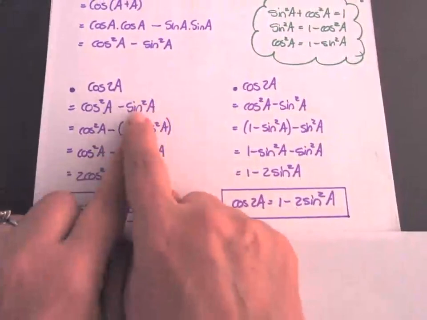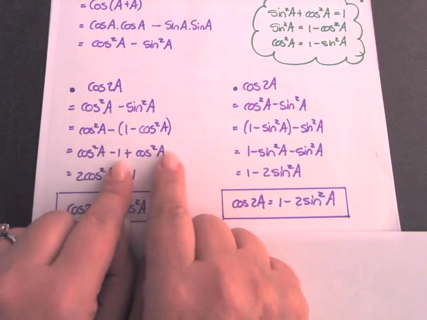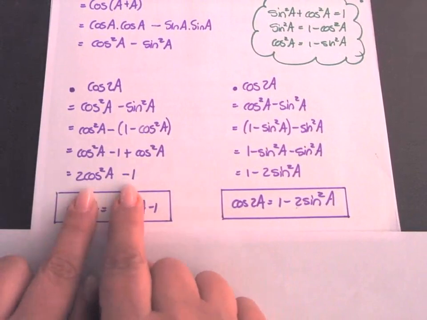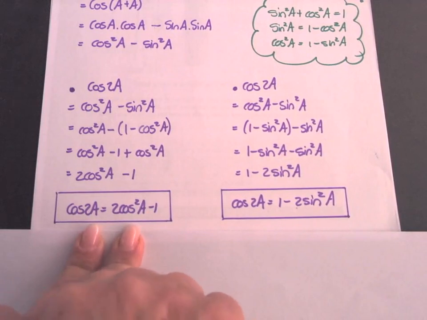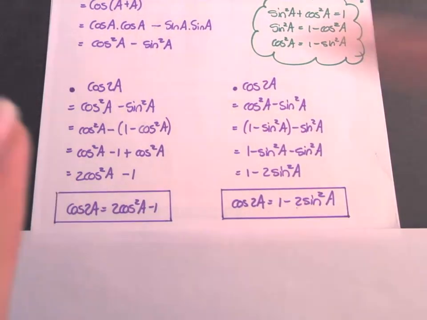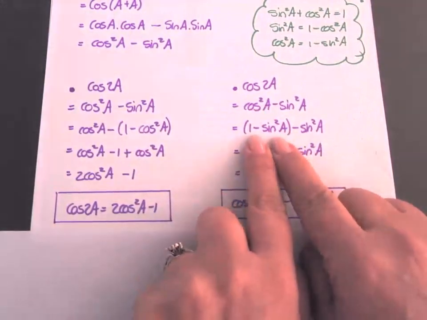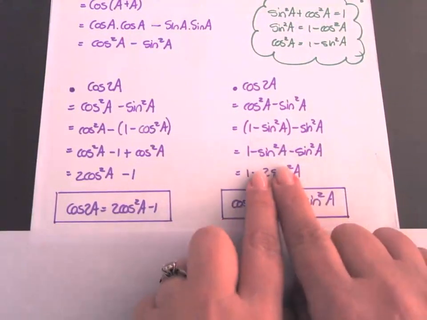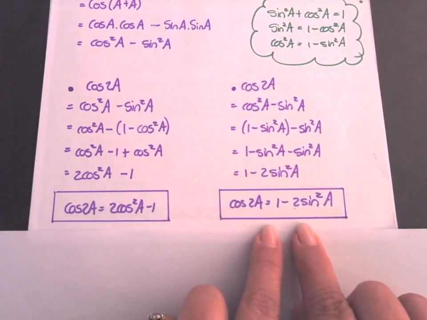So we change the sine squared into 1 minus cos squared, multiply the brackets out, add the like terms, and then you get your second cos double angle formula. Or you change the cos squared into 1 minus sine squared, multiply the brackets out, add the like terms, and then you get your third cos double angle formula.